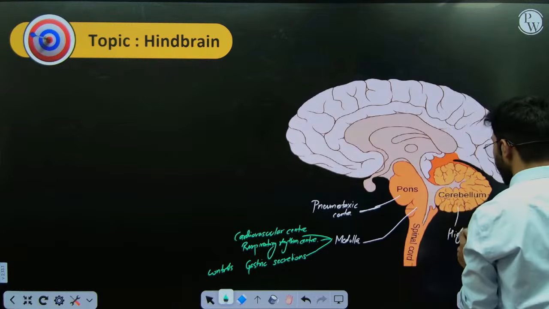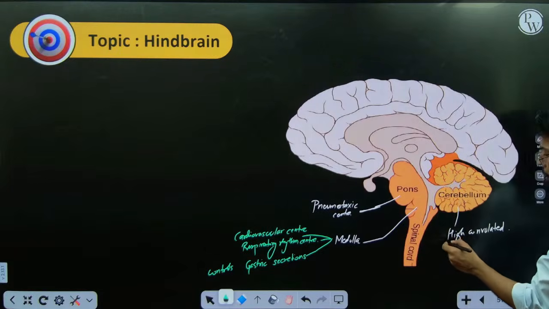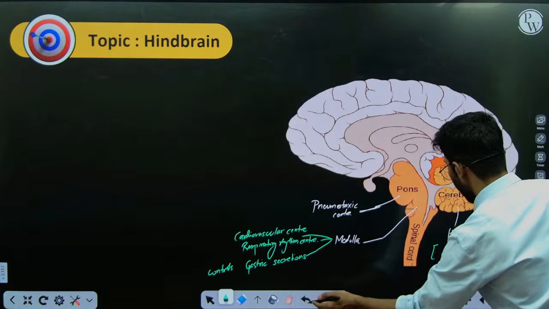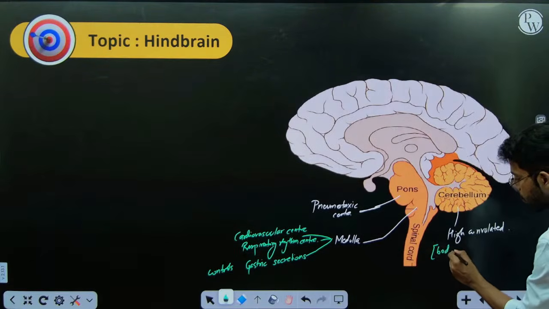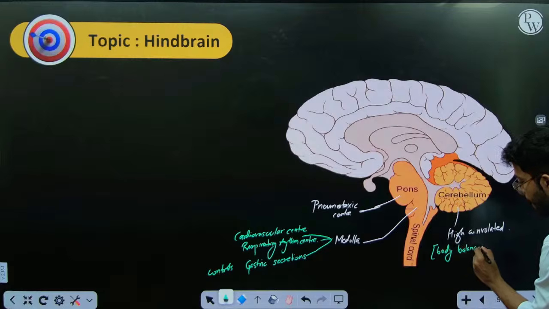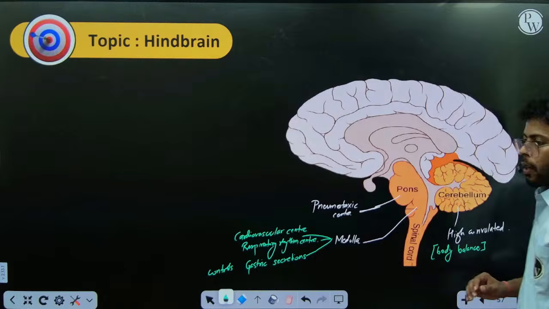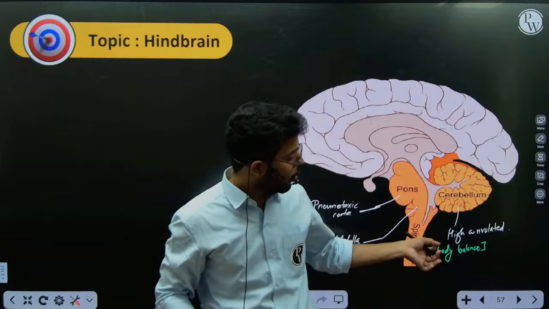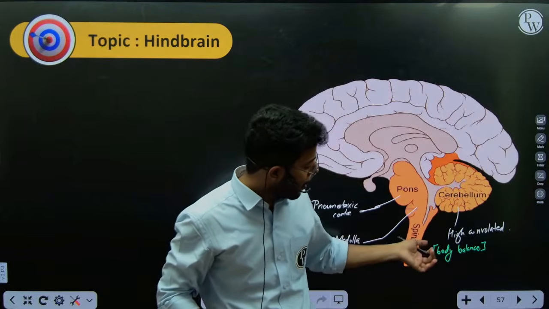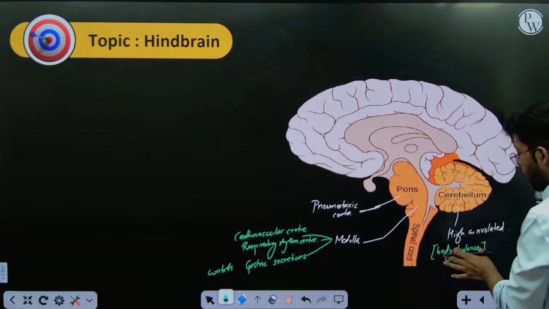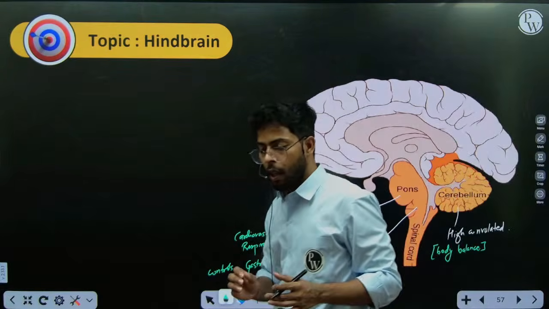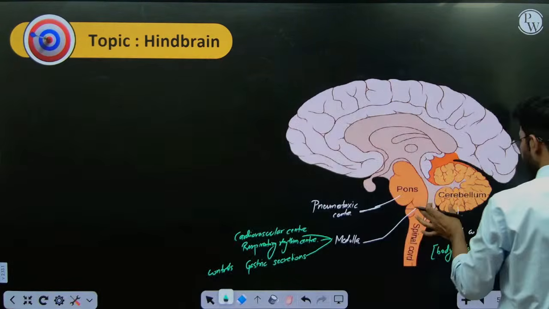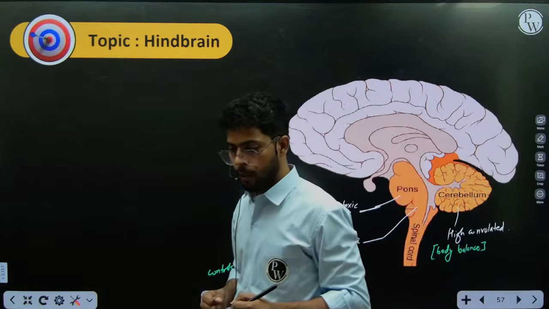And now the cerebellum function is to maintain the body balance. That is, if anyone drinks alcohol, then the alcohol will affect the cerebellum region, and the person cannot walk properly because the cerebellum is responsible for body balance or walking, and it also receives sound signals.